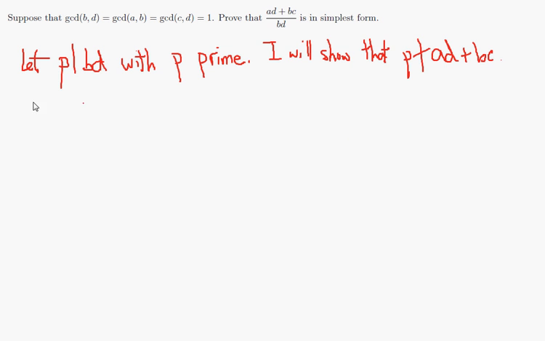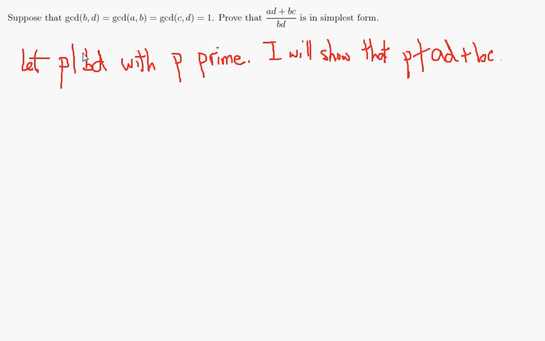So if any prime factor of the denominator is not a factor of the numerator, that means that the only possible common factor of the numerator and the denominator is 1, because no prime factor can go into both the numerator and the denominator. And this will prove that it's in simplest form.